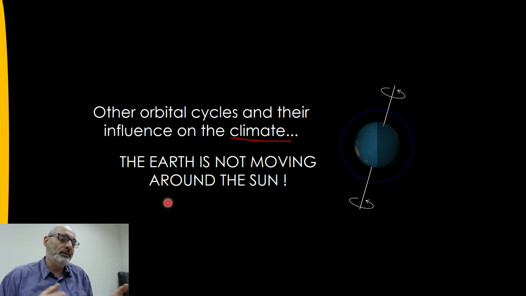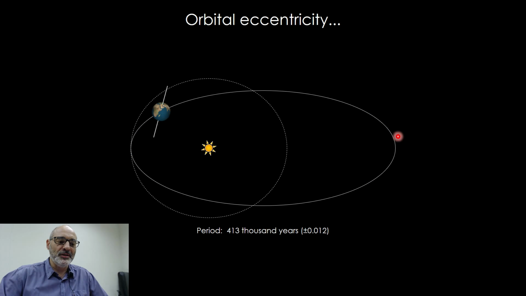So this means that it's going to be influenced by the sun, of course, but also by the other planets. And these influences will create changes in Earth's orbital movements, in the plural. Let's see some of these movements. First, related to orbital eccentricity.